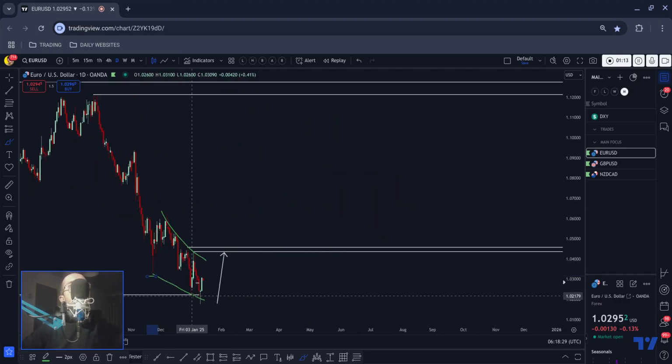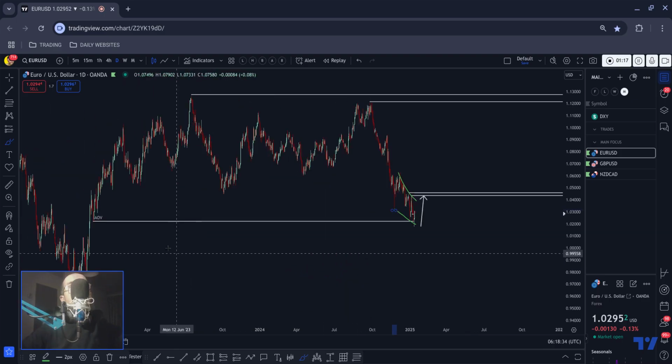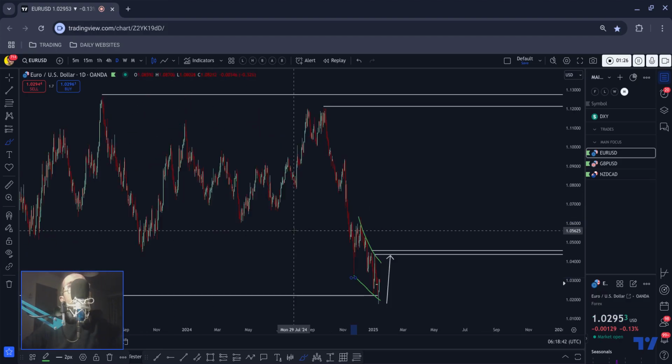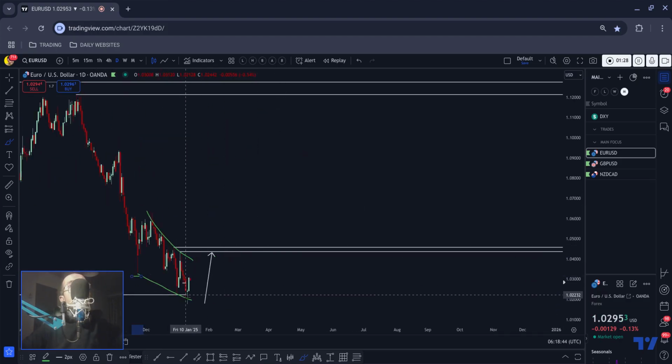We then have this low here, which wicks to it, but not through it. A lot of the time, these higher time frame liquidity points, even if they're not necessarily that standout, if they happen to be the origin of a move, then we will likely break below if we're going to move to the upside. Then we come back down, take out this wick here, and then we start moving to the upside. I like the fact that we have this morning star formation.